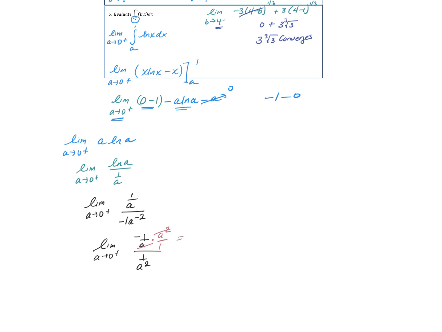You get a or negative a. I lost track of a negative in there. I believe it's negative a. But anyways, doesn't matter. You plug in, we get 0. So plus 0, which gives me -1. So this converges.